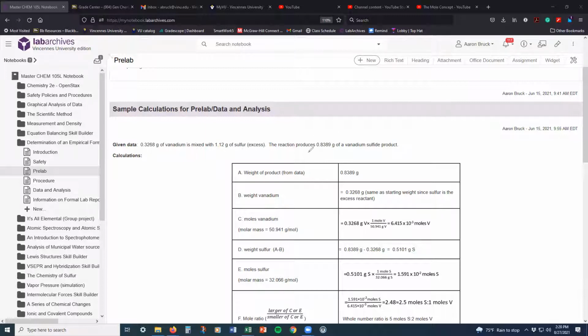We are told that the product is 0.8389 grams, and that becomes our starting mass here in calculation A. Calculation B asks for the starting amount of vanadium, which again, we measured directly there.